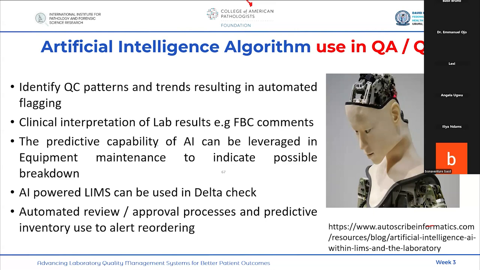If this is different from what the pattern has been, it will prompt you to check your system again and say that this is not the result you've been previously getting for this particular check. So the essence, of course, is to ensure reliability of results. And then, of course, it's also been demonstrated in automated review or approval processes and predictive inventory use to alert reordering to avoid stockouts.